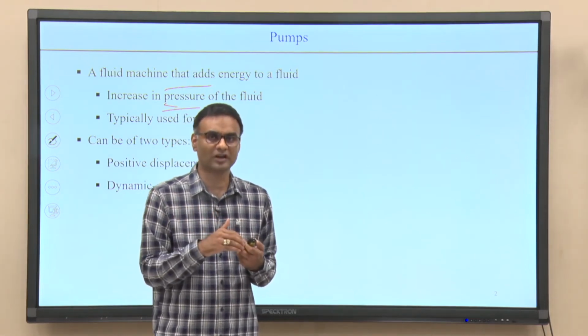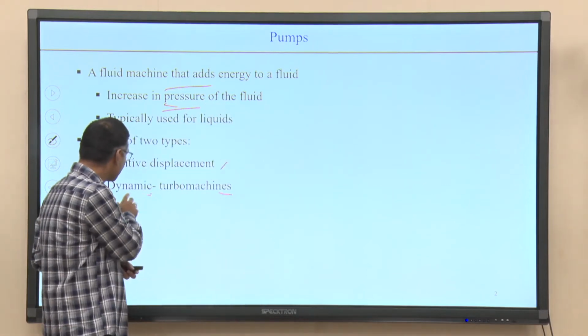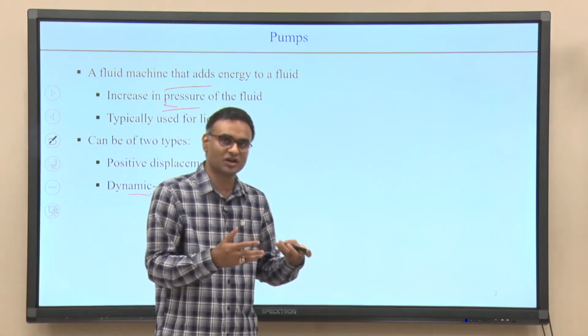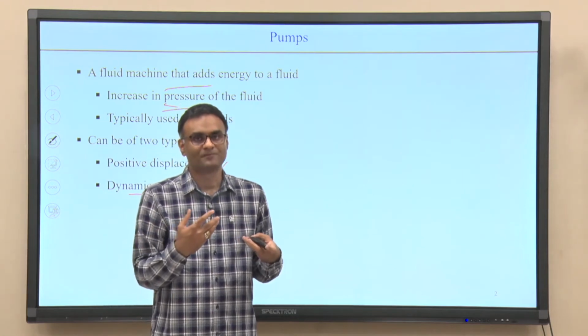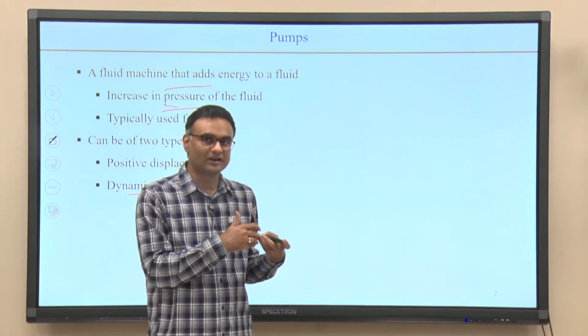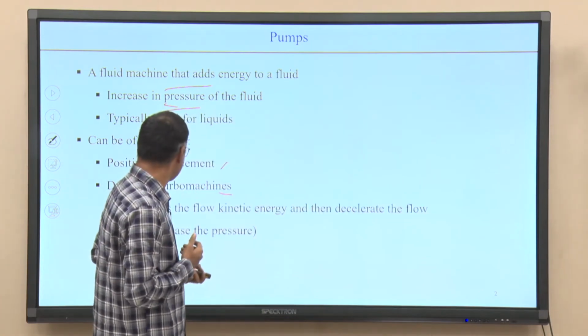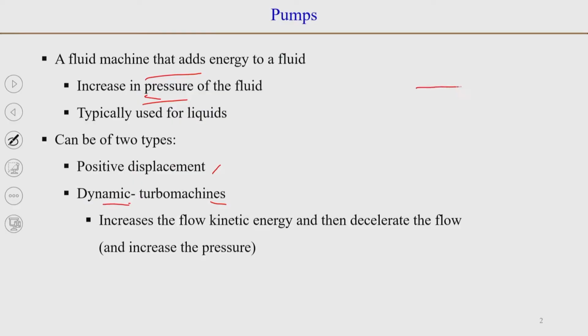What we will be talking about here is the dynamic pump, and specifically the centrifugal pump, which we use in our day to day life for increasing the head of water.